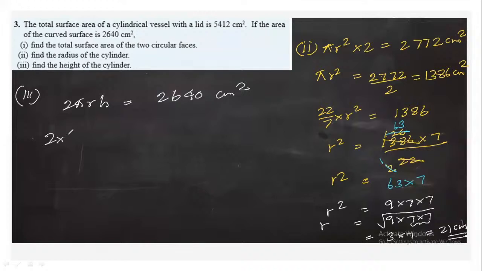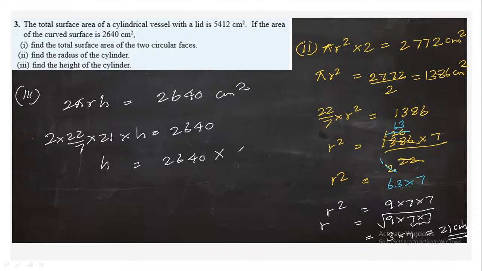Substitute 2 into 22 over 7, radius 21, into h equals 1640. Then height equals 1640 into 7 below the line. Other all the numbers are going below the line: 2 into 22 into 21.